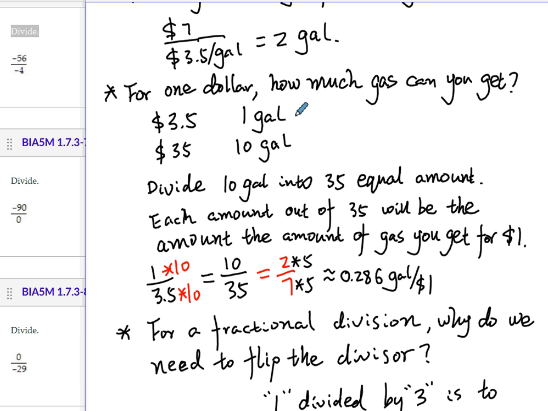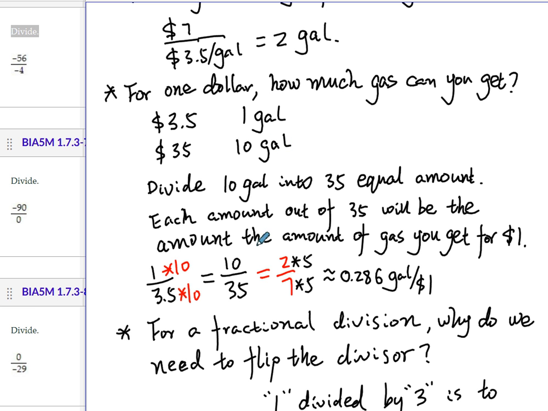We know if the gas price is $3.5 per gallon, then 10 gallons will be $35. If you divide 10 gallons into 35 pieces, then for each part, that will be for $1, you will know how many gallons you will have.